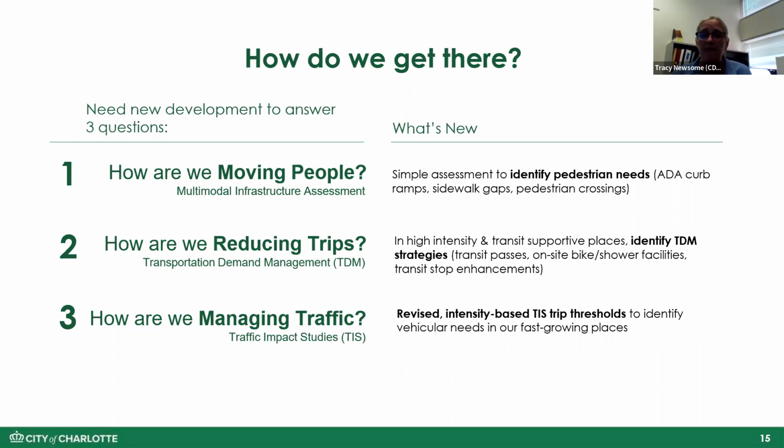The thresholds for that have been revised, and they do vary based on whether you're in a high intensity or low intensity place. They are generally a little bit lower than the current threshold. And that's in part because we know that we're moving to a by right situation where we might have many types of developments that we need to at least look at the transportation impacts.